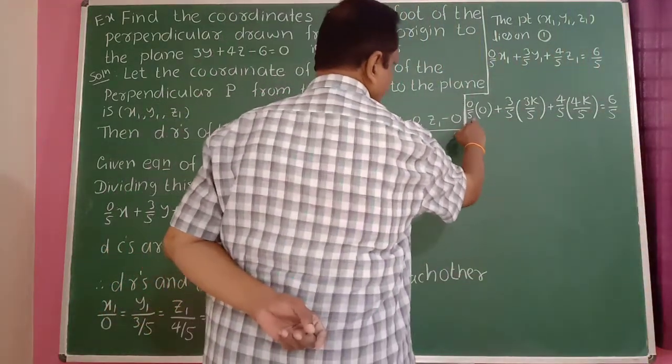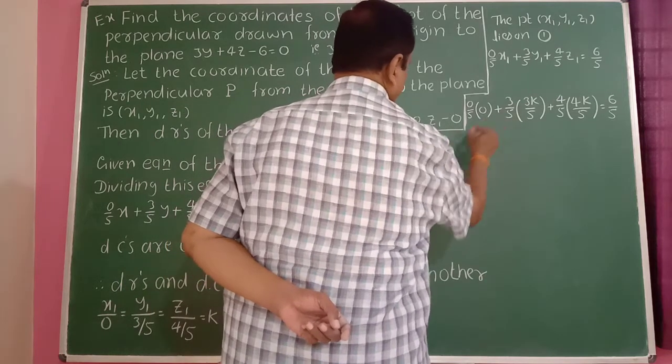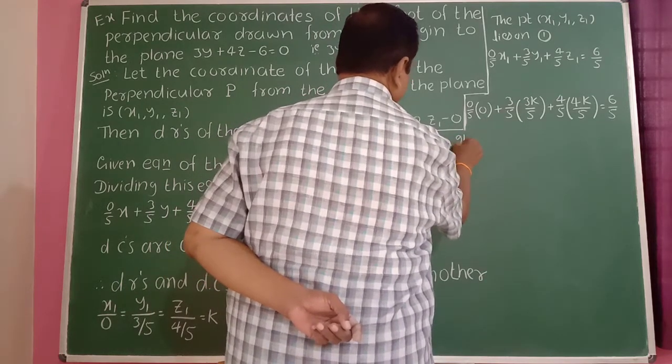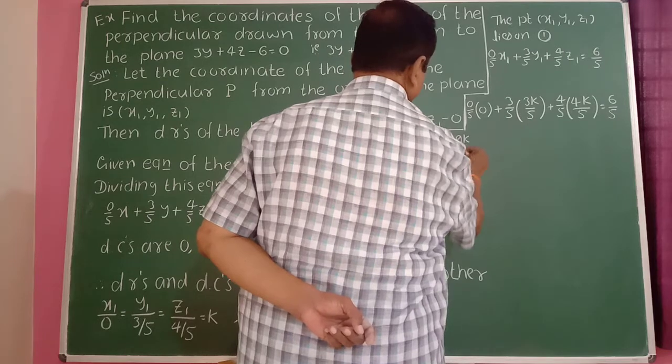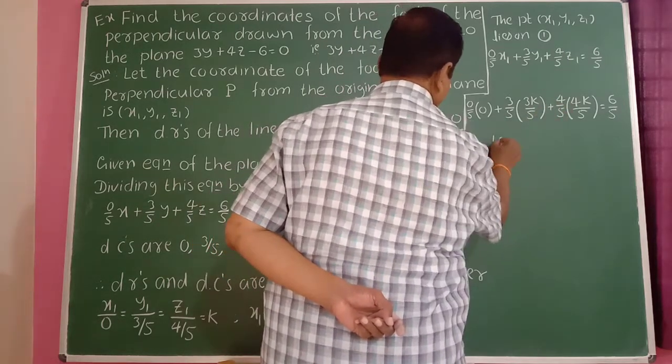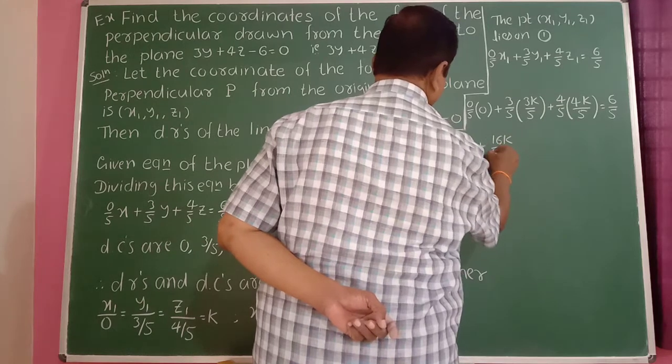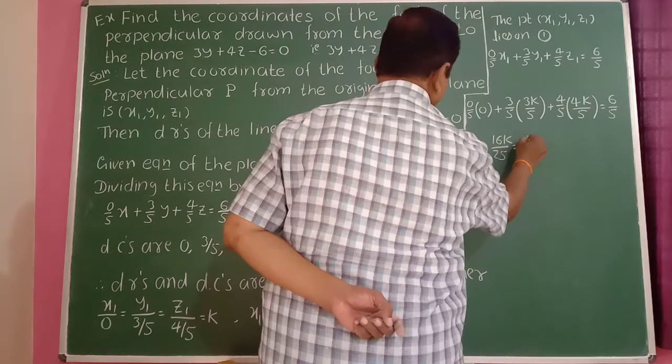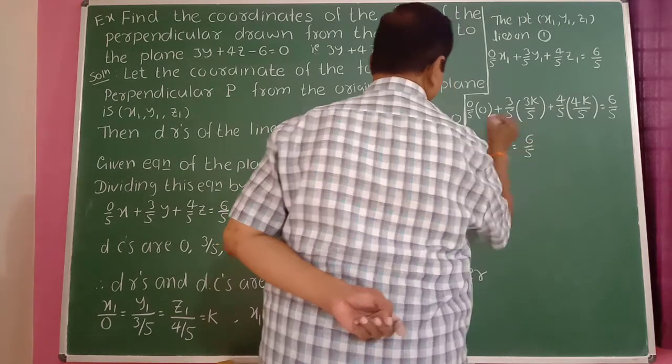So this becomes a 0. 3 threes are 9. 9k divided by 5 into 5 becomes 25, plus 4 fours are 16, 16k divided by 25 is equal to 6 divided by 5.